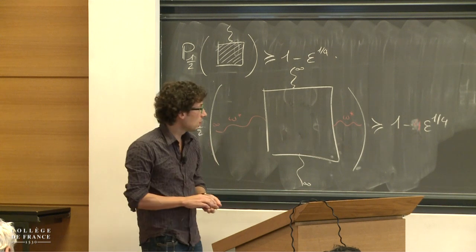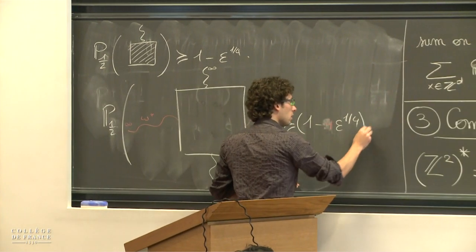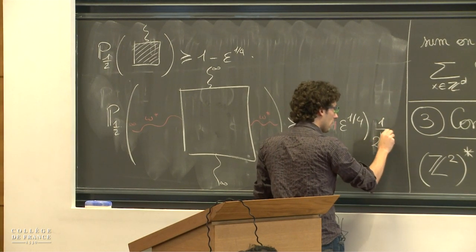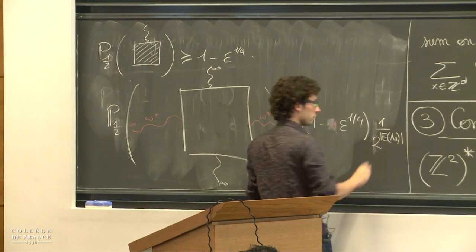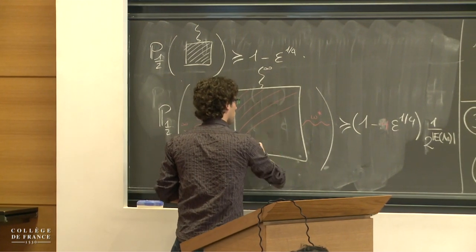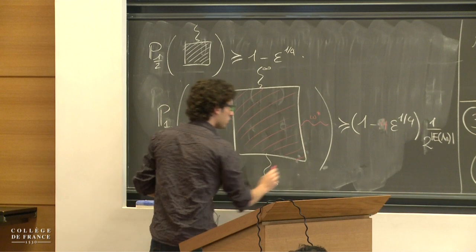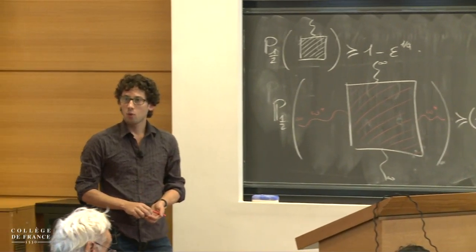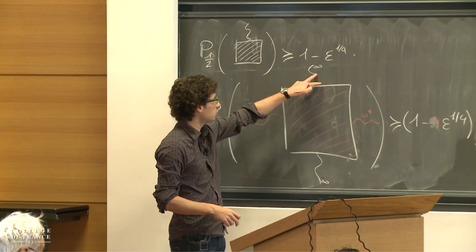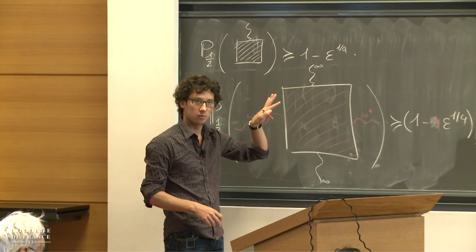So now, if I pay a probability of 1/2 to the number of edges in my box, I can just close all the edges inside the box. Close all these edges. What do I end up with? I end up with 2 infinite clusters. This cluster and this one cannot be connected anymore.